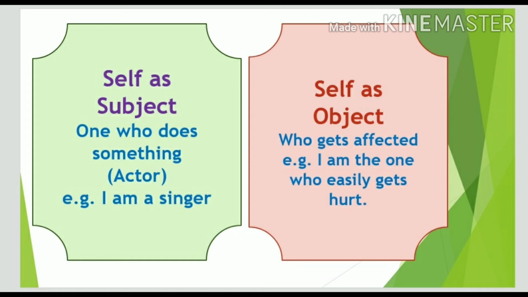And self as an object is one who gets affected. It is basically consequences. The self gets observed and comes to be known. For example, I am the one who easily gets hurt. This is the consequence. This is the result. This is the observation. So that is self as subject and self as object.